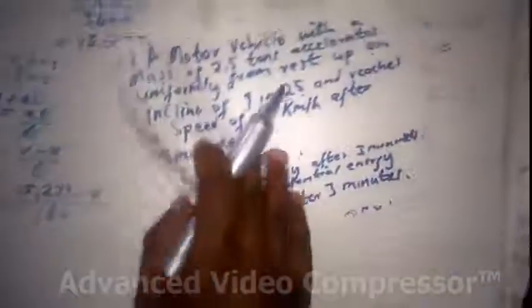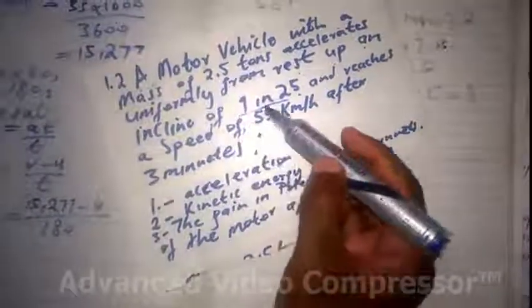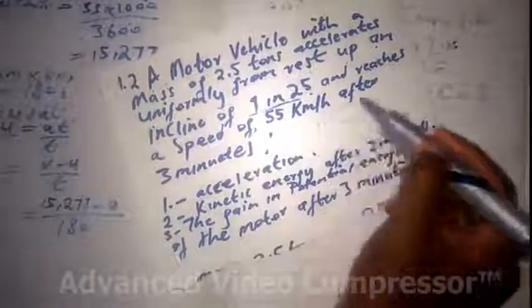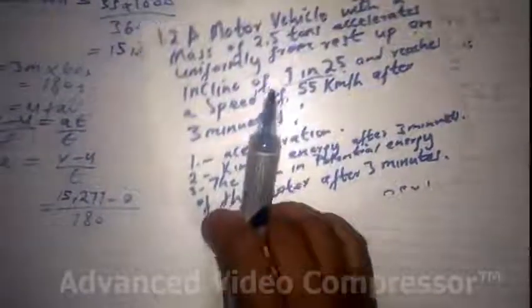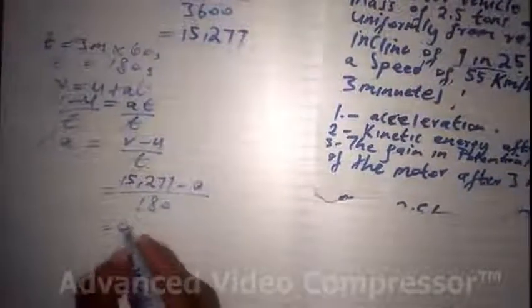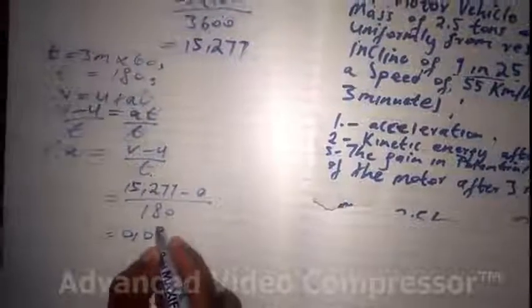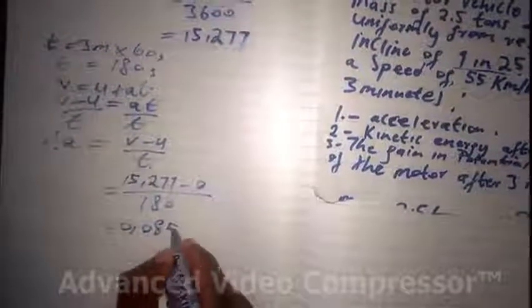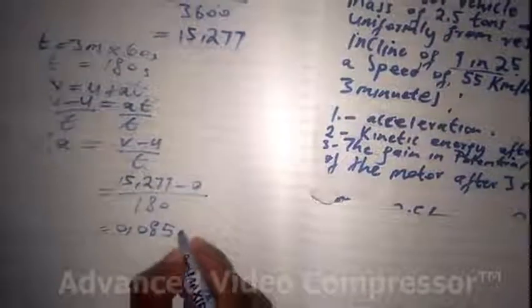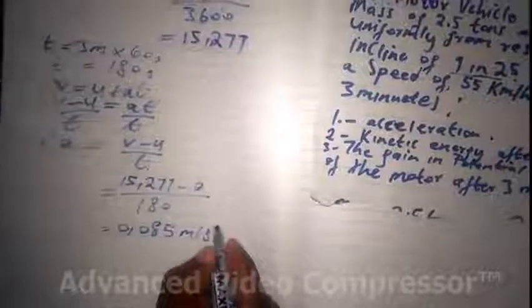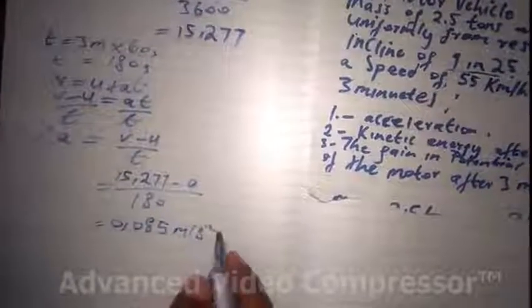The initial velocity was not stated, so this speed is after 3 minutes, meaning our initial velocity is 0. Therefore my acceleration gives me 0.085 meters per second squared.